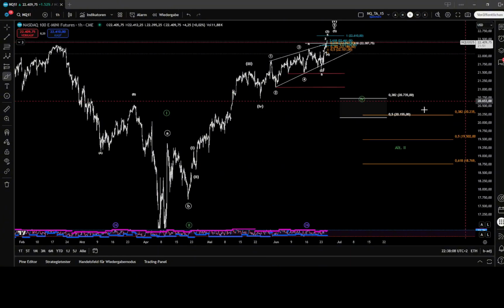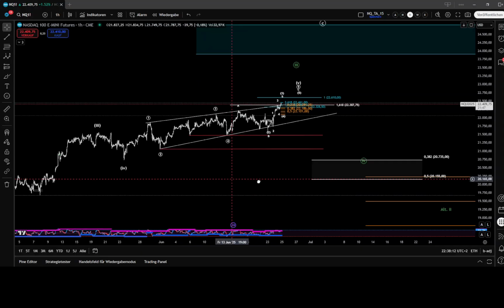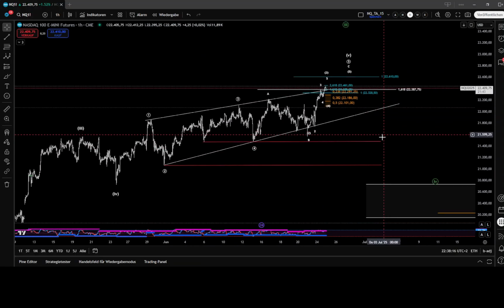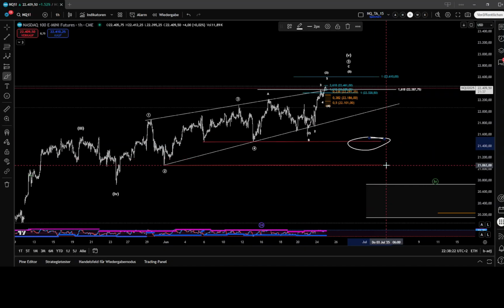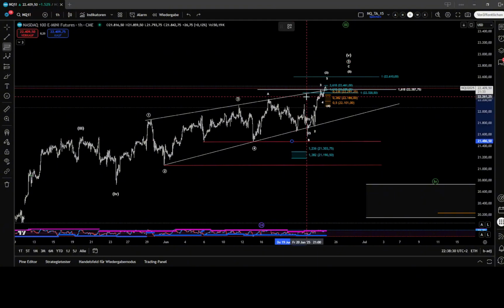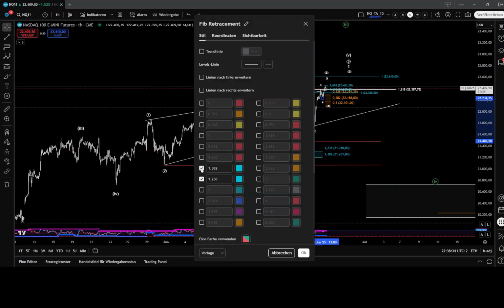I'm going to zoom in again because I think it's very important to know where we are heading or what the market is telling us right now. In the last video I was talking about that we need to hold these swing lows, especially the first one here where it's just a red line, and we did that and we came down to the 88.2 in my view. Let me just put it up.